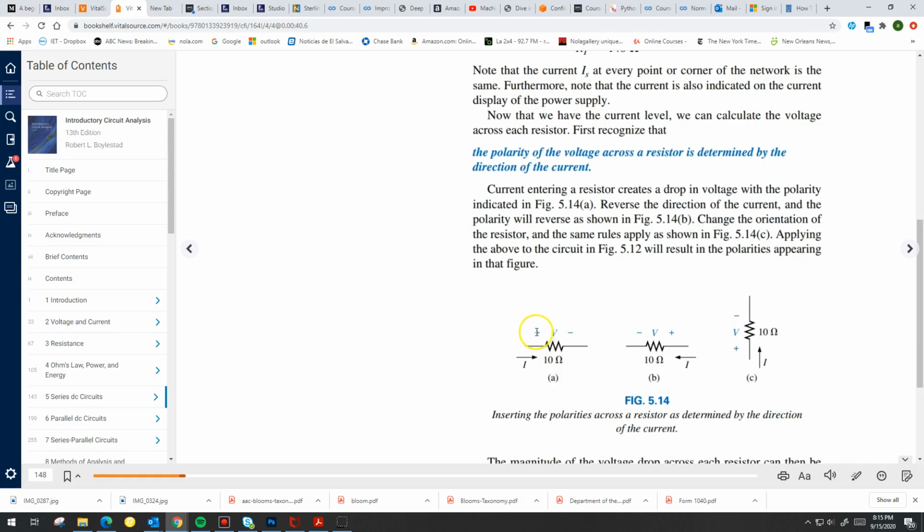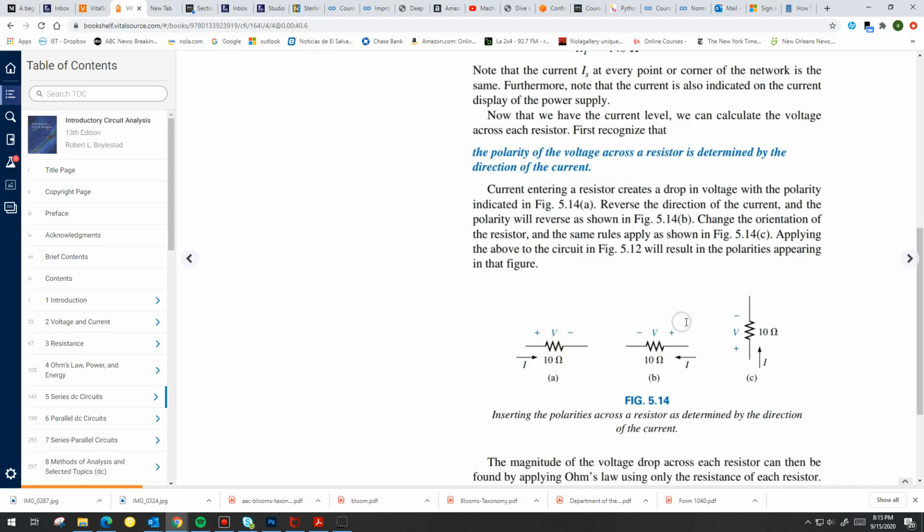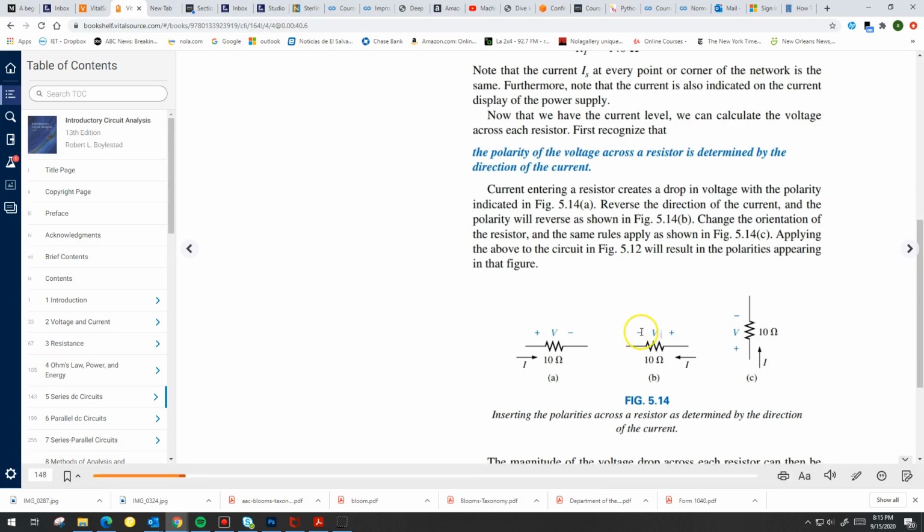If this is the positive end and this is the negative end, conventional current flow will always be towards the negative point of the voltage. The same thing here: if this is the positive terminal and this is the negative terminal, current is going to go towards the left in this second case, towards the negative.